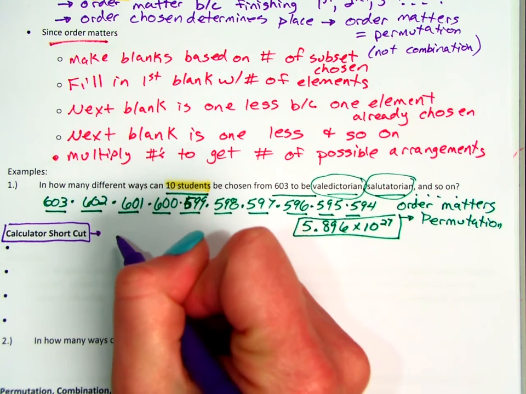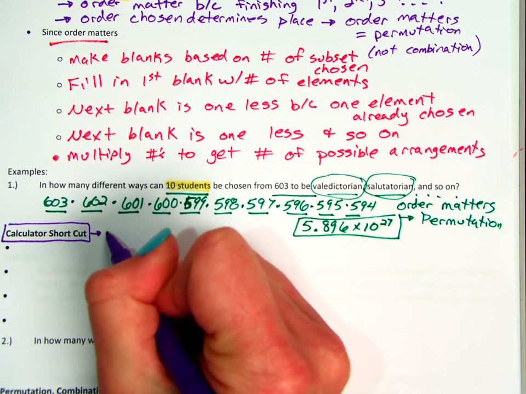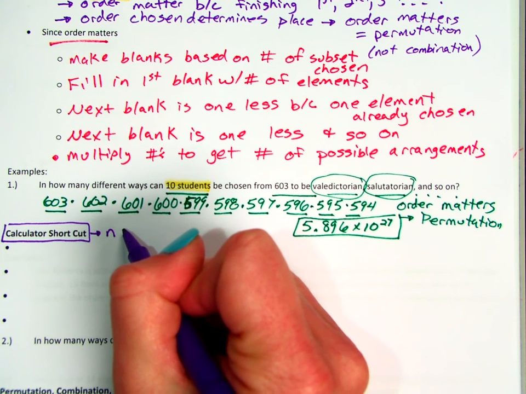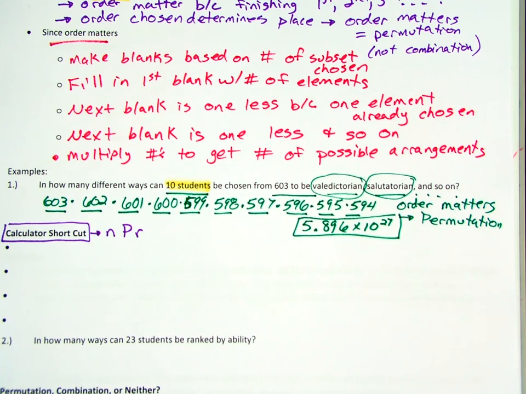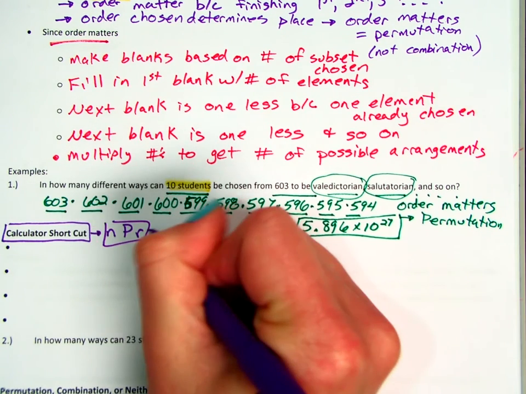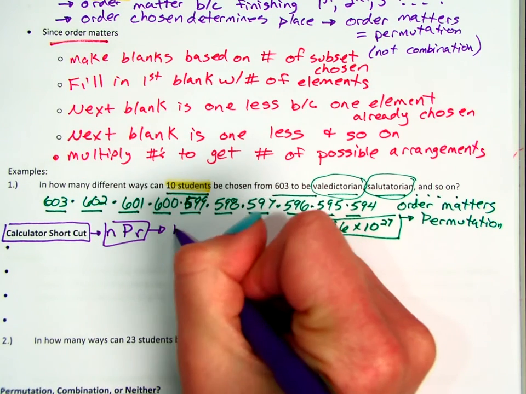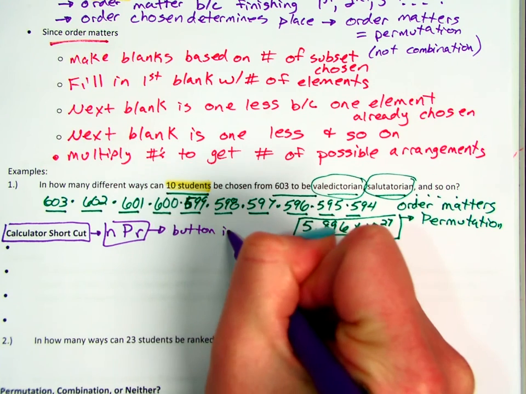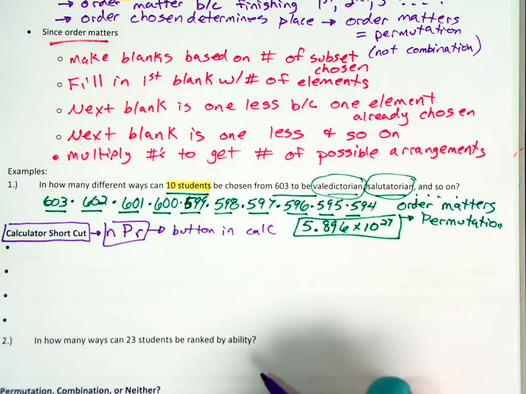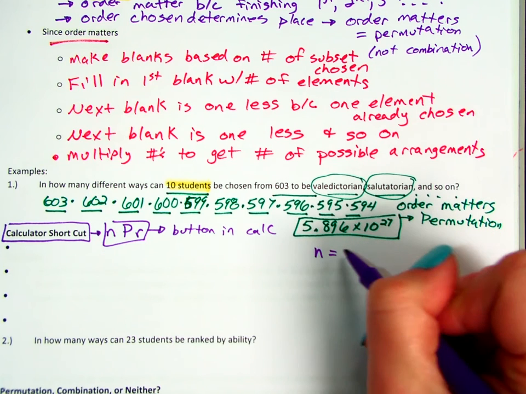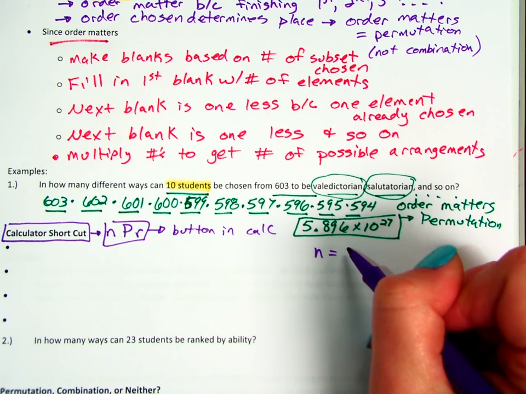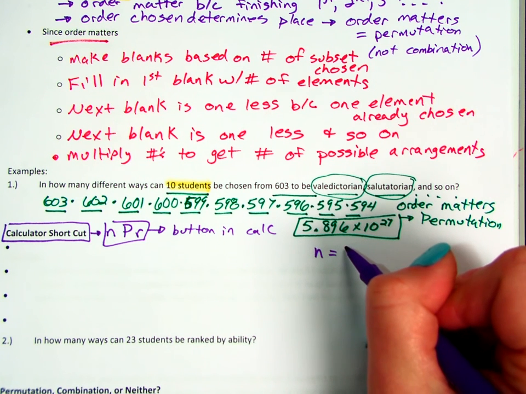It was N, and instead of C for combinations, then it's P, R. So we're going to want to get to this in the calculator. Just like before, that N still stands for the total number of elements.